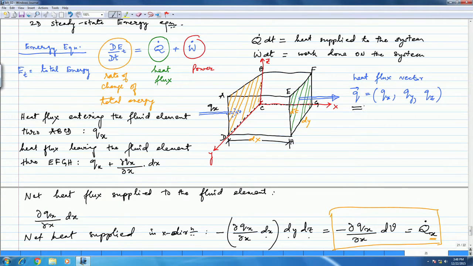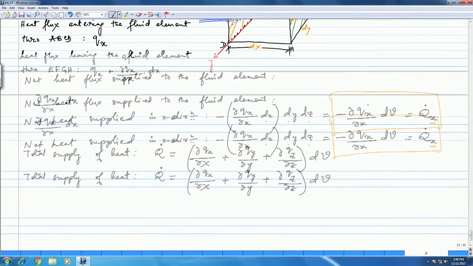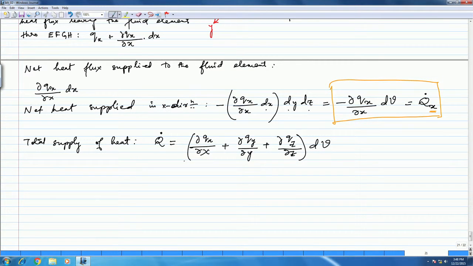Okay, and as we had written, this is the heat flux vector, right, and what I see here is essentially the divergence of that vector, isn't it? So I can also write q dot as equal to minus divergence of q, into the volume. Okay, is that right?